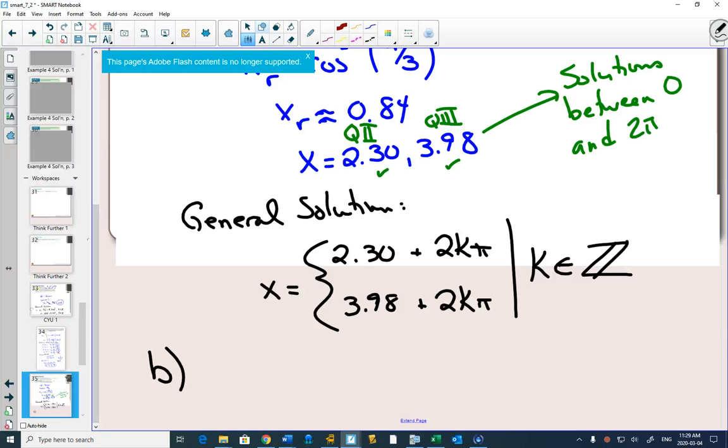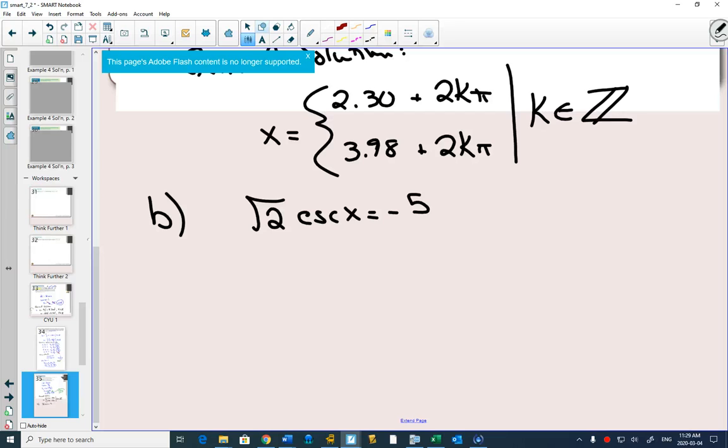Part B. Part B is root 2 cosecant theta equals negative 5. So if you have cosecant or secant or cotangent or any trig function, the first thing we want to do is get that trig function by itself.